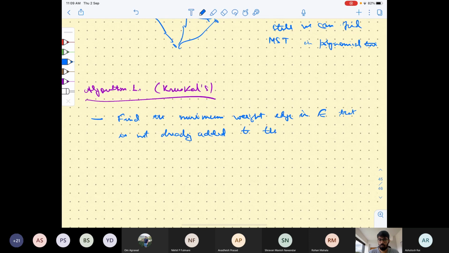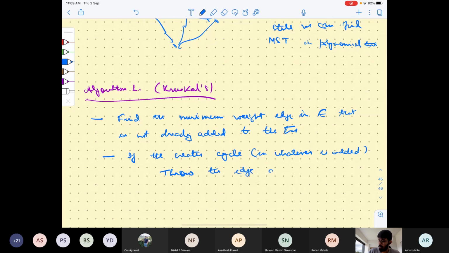If the edge creates a cycle in whatever has been added, then we throw the edge away. And keep doing this till we span all the vertices.